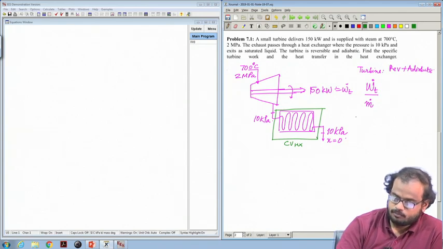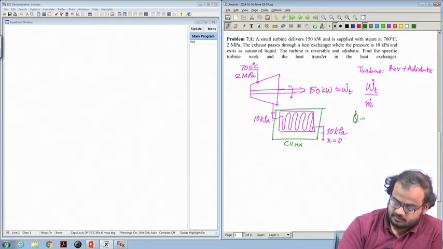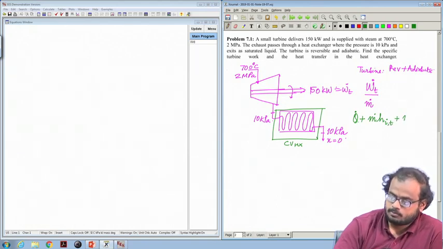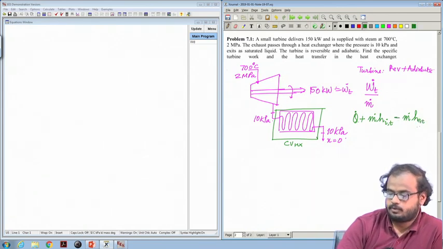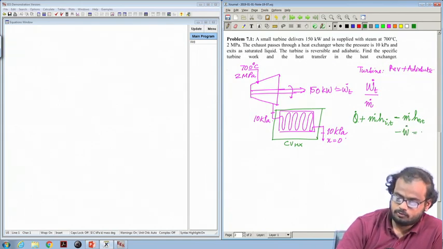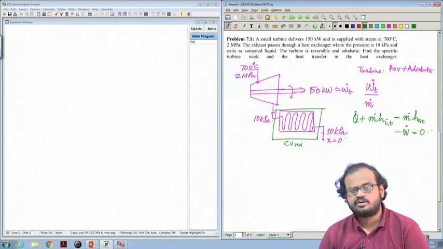So, we have Q dot plus m dot Hi total minus m dot He total minus W dot is equal to 0 at steady state, steady flow process.